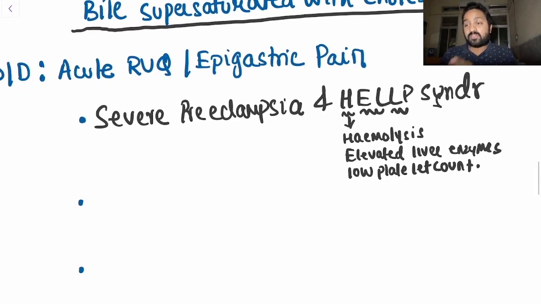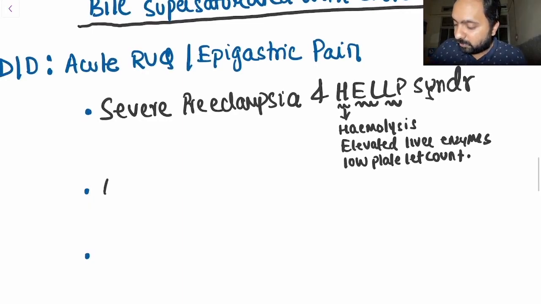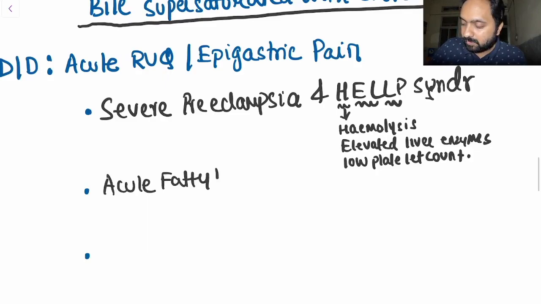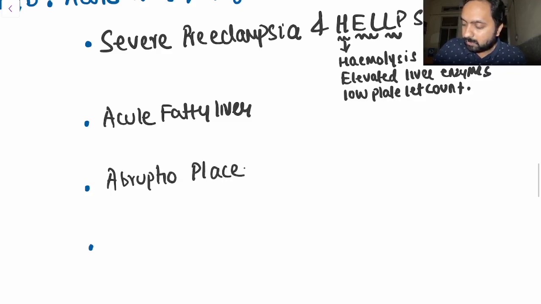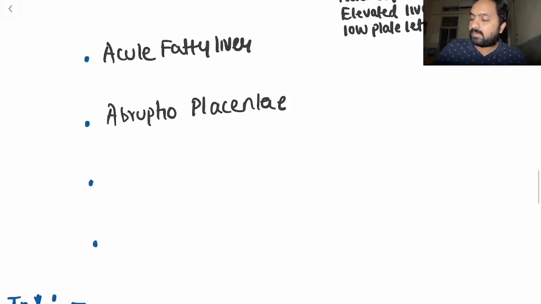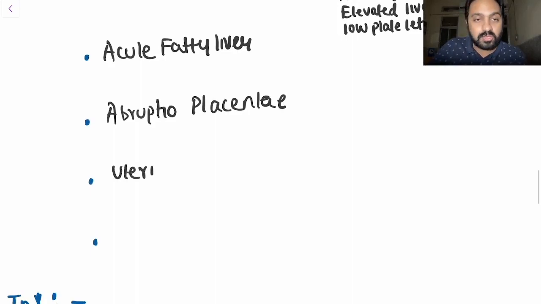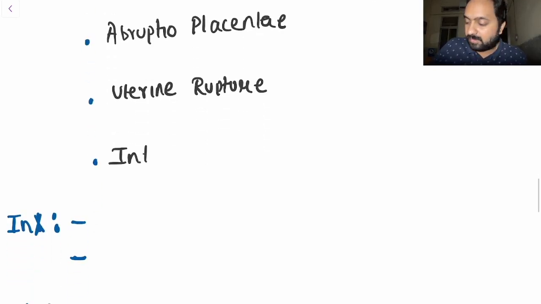Then your other differential diagnoses include acute fatty liver, abruptio placentae, uterine rupture, or it also could be an intra-amniotic infection.